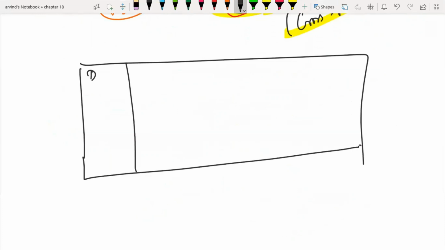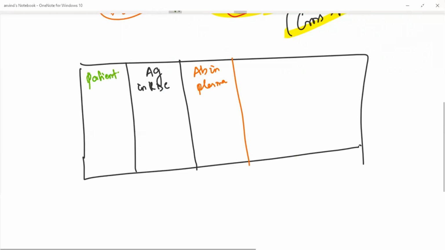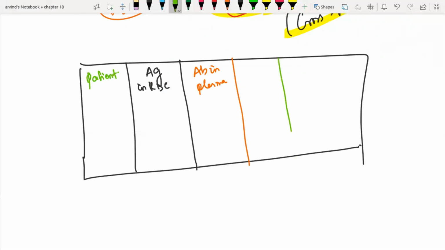Let me have the patient's blood group, antigen in the RBC, antibody in the plasma. Sorry, this should not be donor. Let us have it as patient's blood group. Okay. And here I'm having donor.